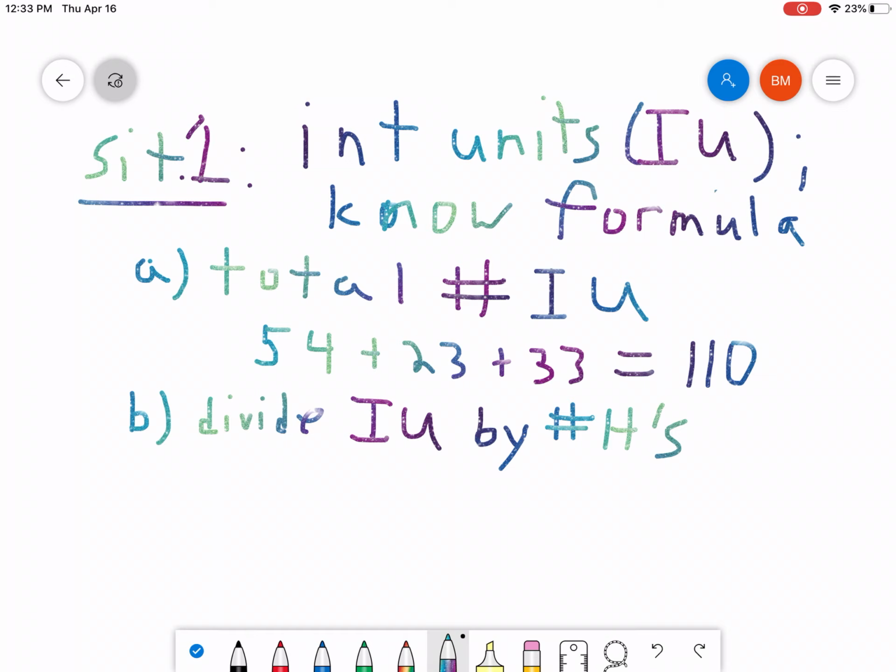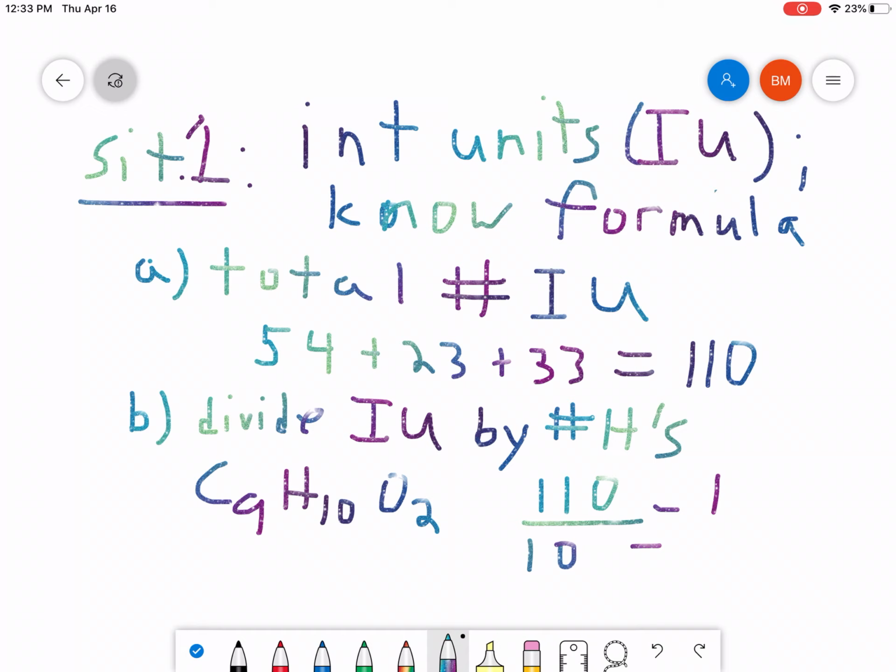And that particular compound had a molecular formula that was given to you as C9H10O2. So we simply take our total number of integration units, 110, divide it by 10, and we end up with 11. This is going to be 11 integration units per proton.